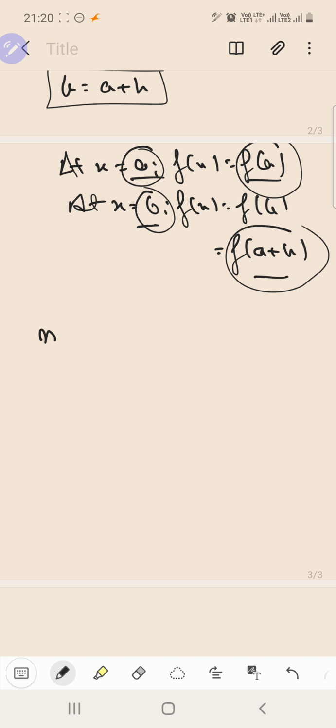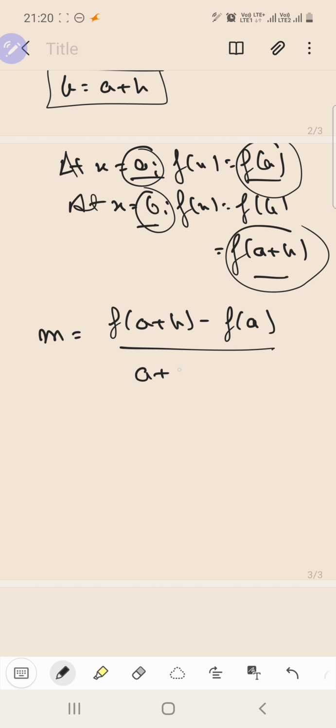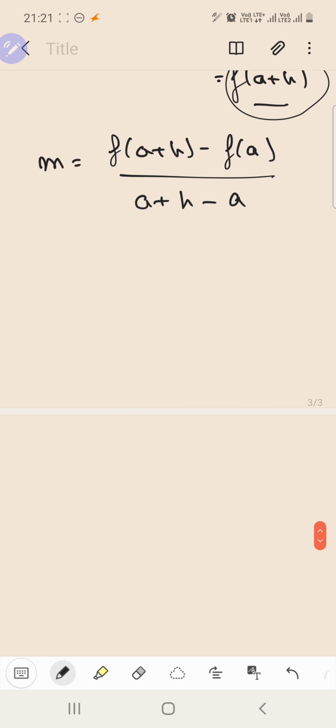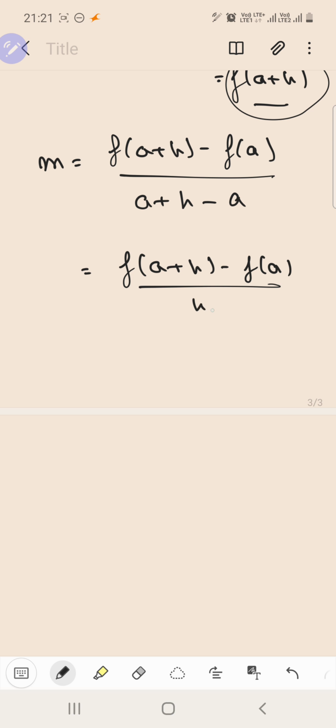Then you can say that m = [f(a + h) − f(a)] over, writing b as a + h, (a + h − a), which is [f(a + h) − f(a)] over h. This is your slope.